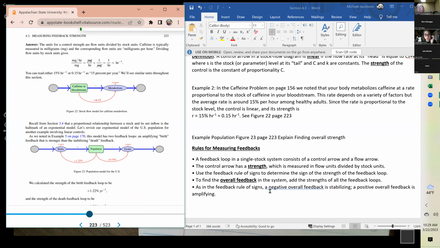To find the overall feedback in the system, add the strengths of each loop together. As in the feedback rule of signs, a negative overall feedback is stabilizing, a positive is amplifying. Any questions on that?